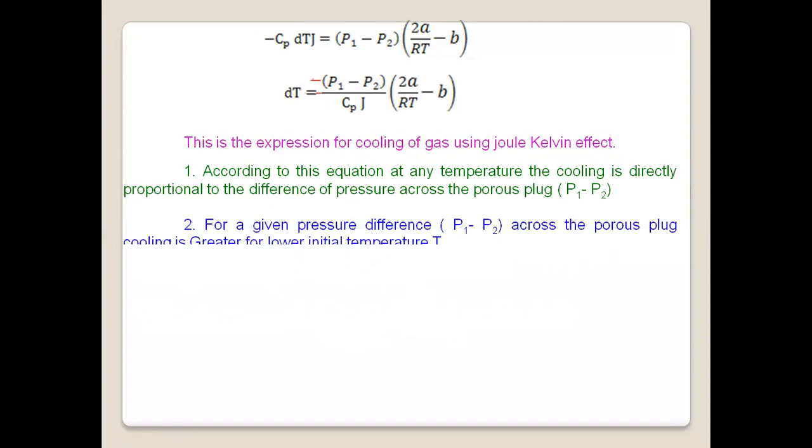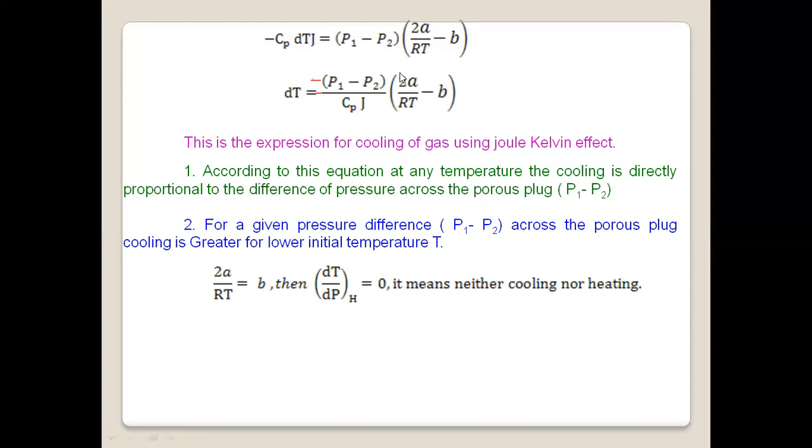The second observation from this experiment is that if the initial temperature T is very small, the cooling effect is very high. That is the second observation from the above equation.